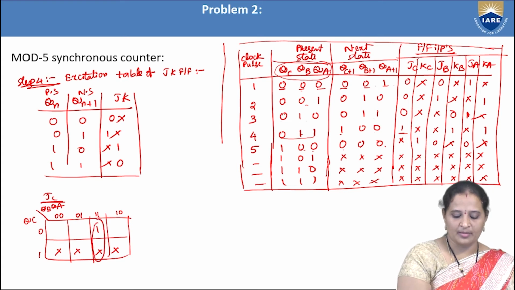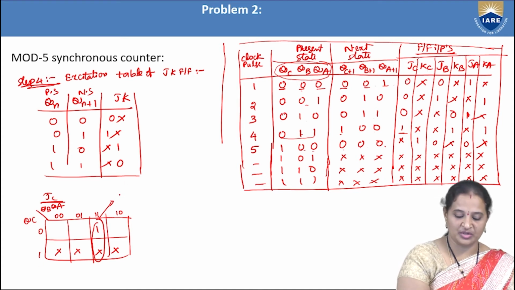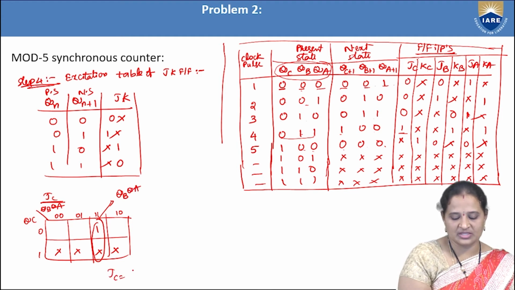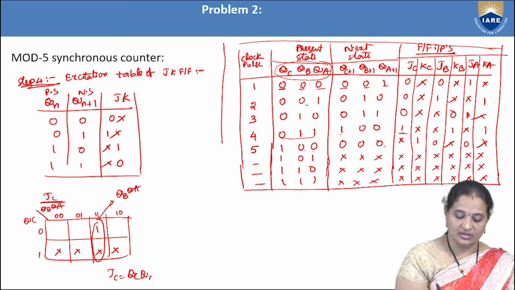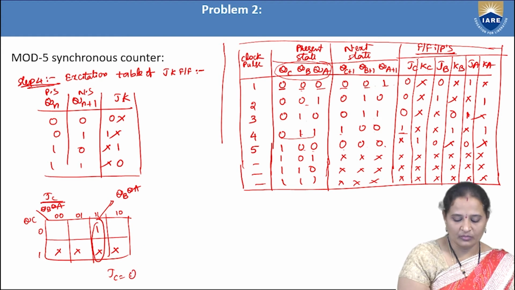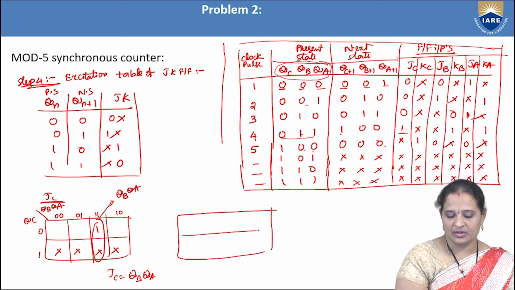I can form a pair here. What is the prime implicant for this one? As the QC value is varying, eliminate QC, whereas QB and QA values are common. So JC is equal to QB into QA.